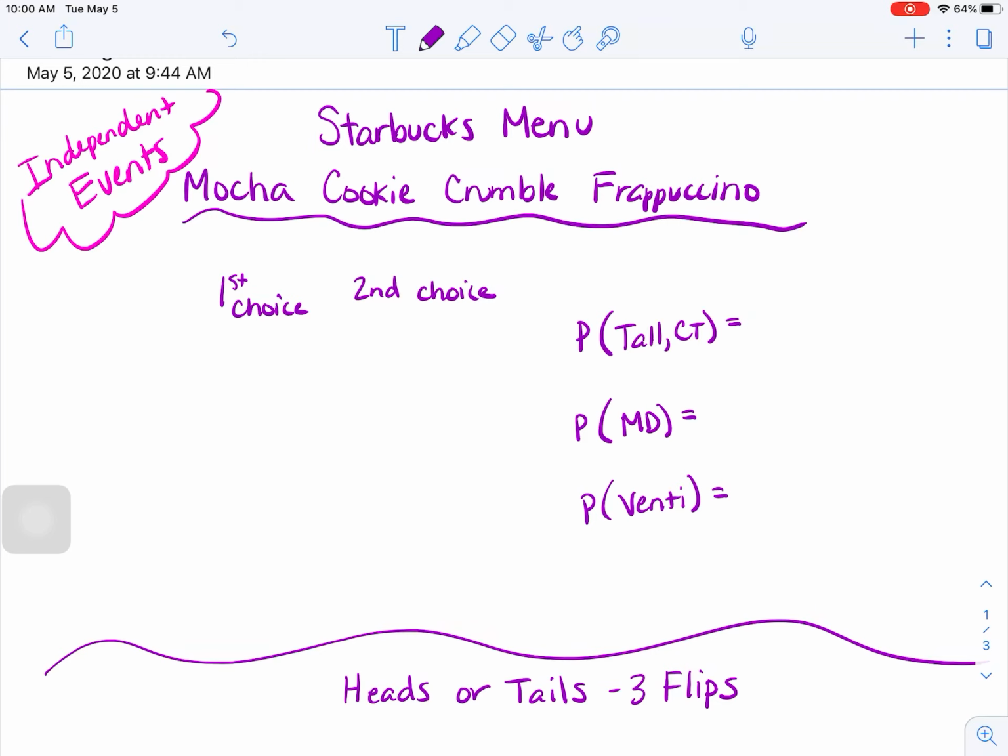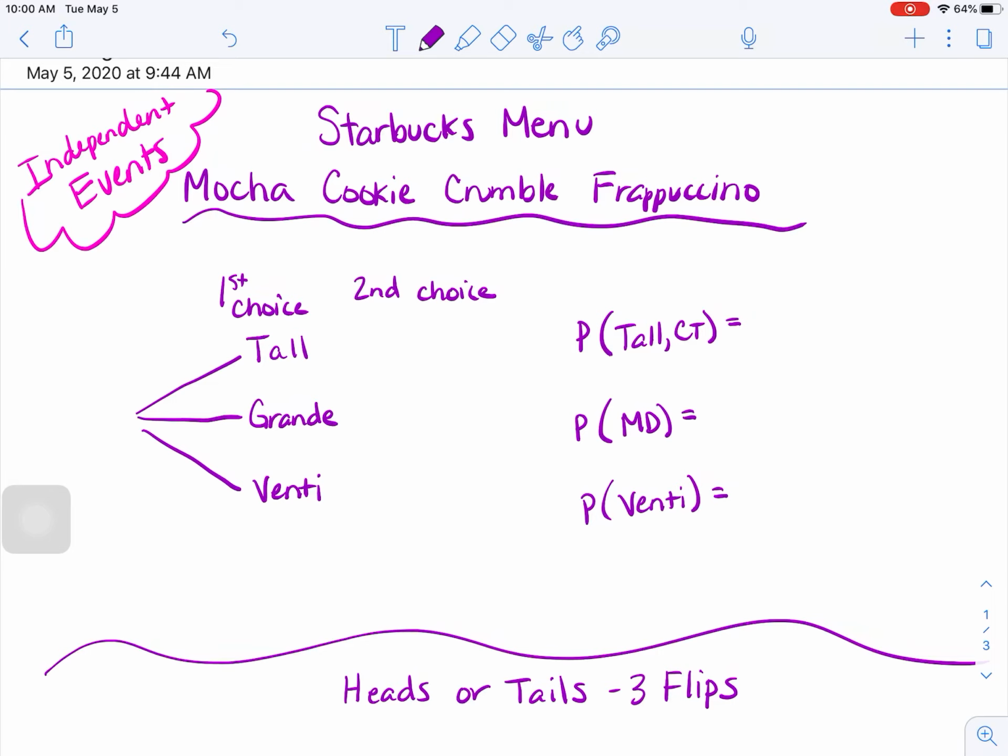To do a tree diagram, I always make mine left to right, but you could also make them vertical if you wanted to. The first choice I have to make, there are three of them. I have to choose whether I want a tall size, a grande size, or a venti size. Okay, so my first choice: tall, grande, venti.